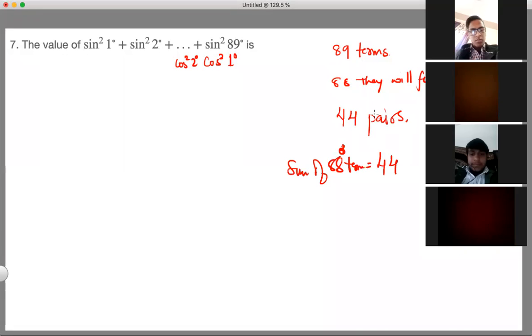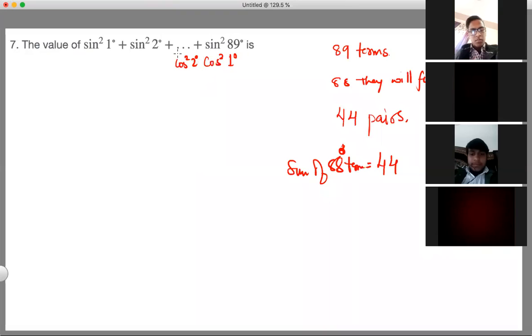Now one term is left. What is that term? One term is left. Which term is left? Middlemost term. Which is the middlemost term?